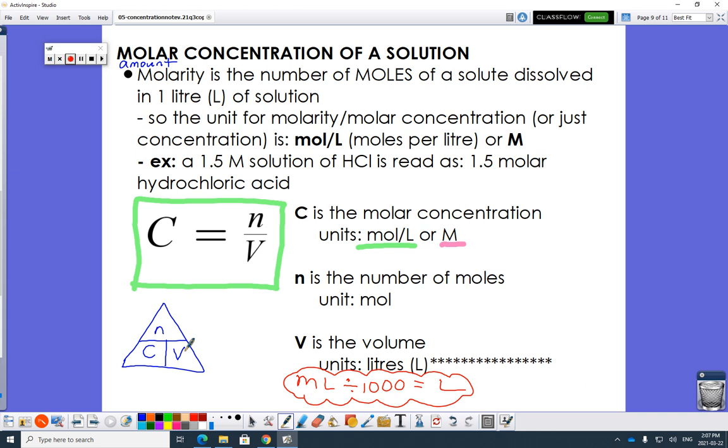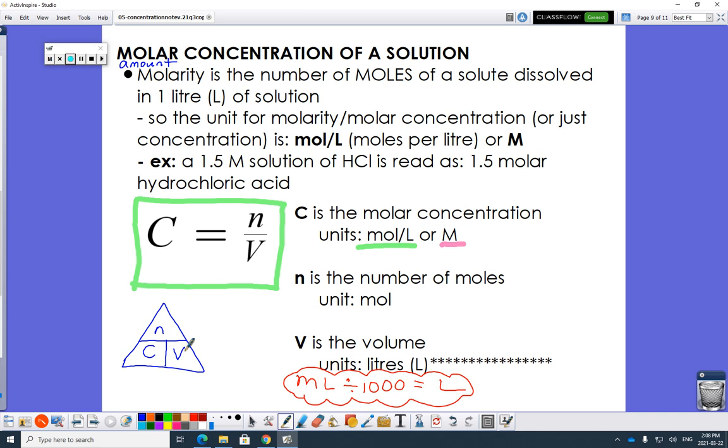So try really hard to make your big C's look like capitals, okay? It'll save you later. I promise. And then, of course, n is the number of moles, exactly the same as last unit. You can write out the word moles, or if you're a lazy chemist, you can write mol, okay?